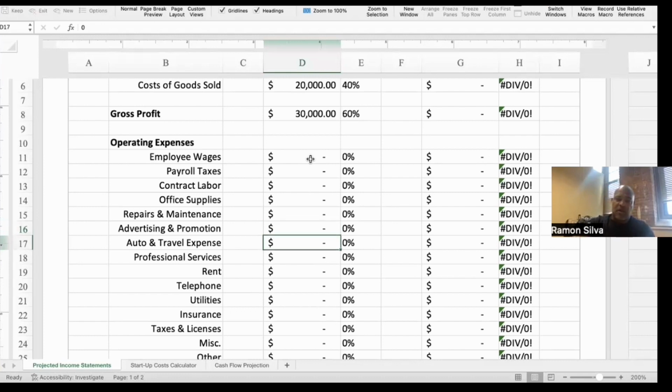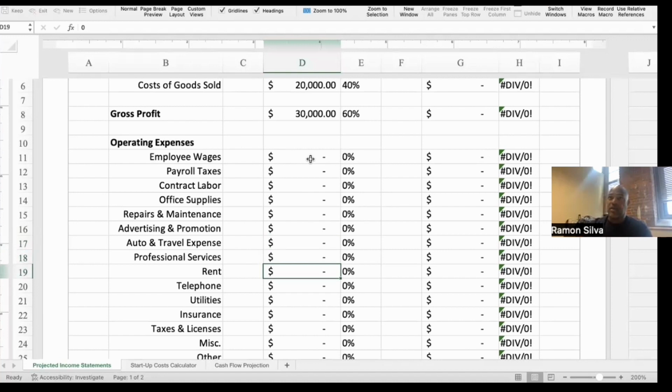Auto and travel expenses are pretty straightforward. You have the standard deduction for mileage, and then other travel expenses that you may need for your business. Professional services is what we talked about a little bit earlier: bookkeeping, accounting, legal, any types of services like that. Rent should be rent for space that you've leased.